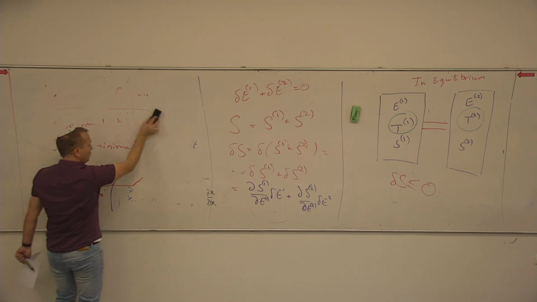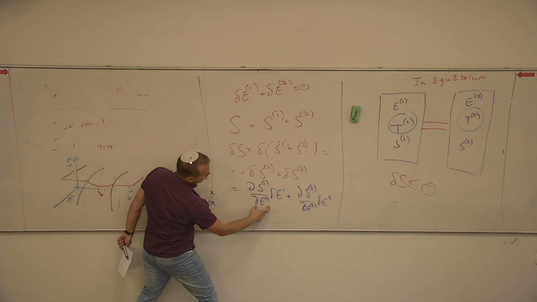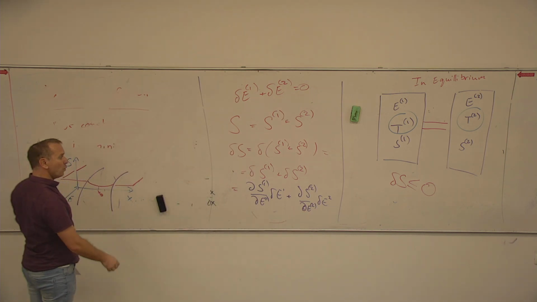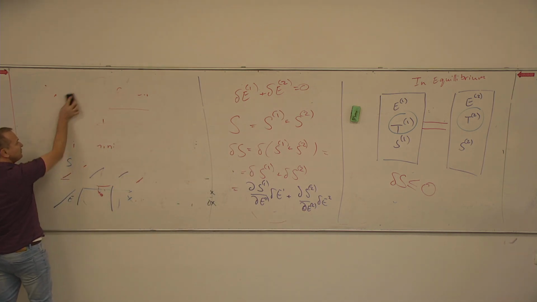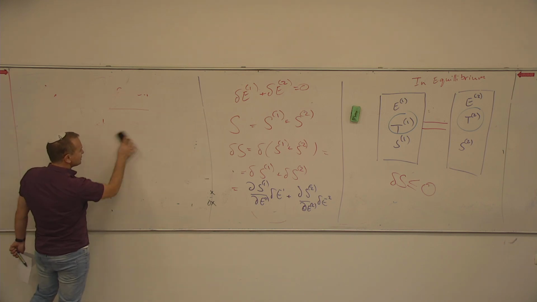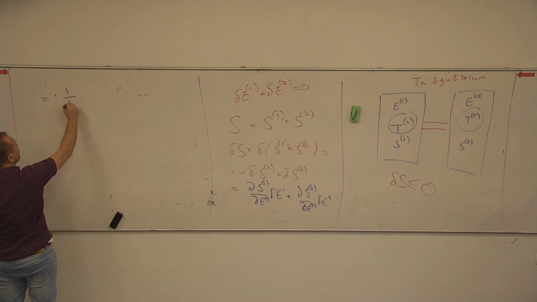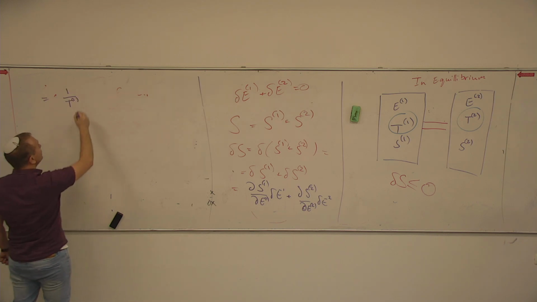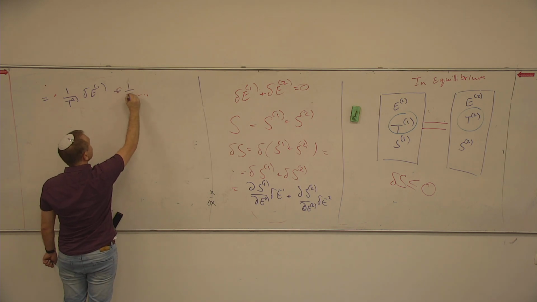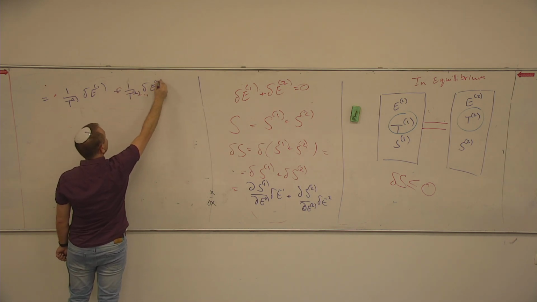Why am I writing this in this form? Because whatever stands over here and over there is just 1 over the temperature. We define the temperature as the derivative of the energy with respect to the entropy. So we have 1 over T1 delta E1 plus 1 over T2 delta E2.